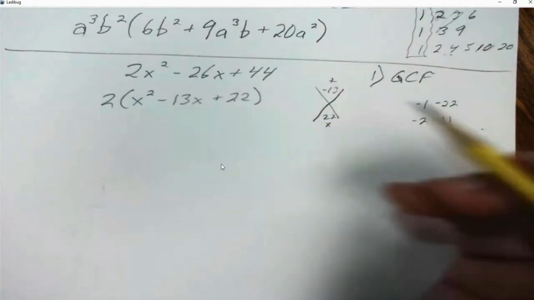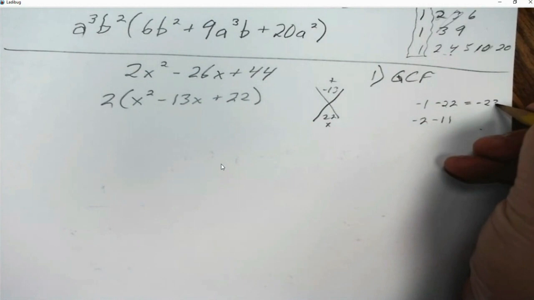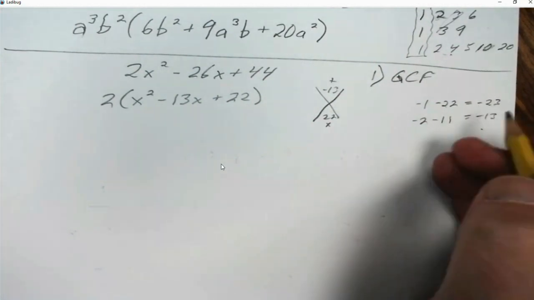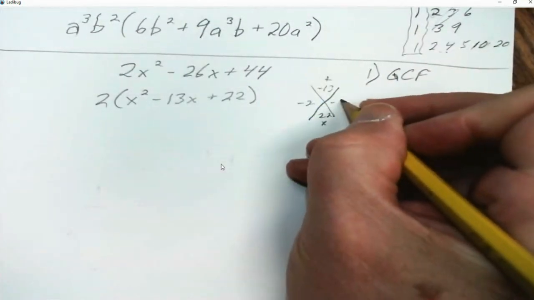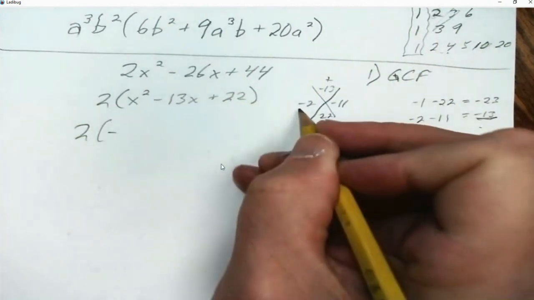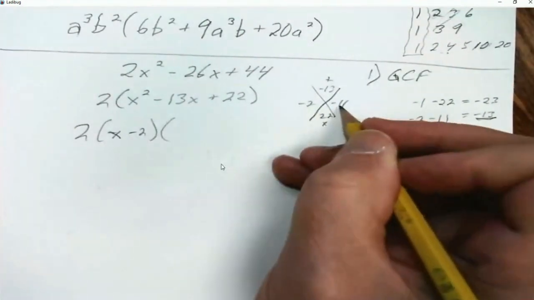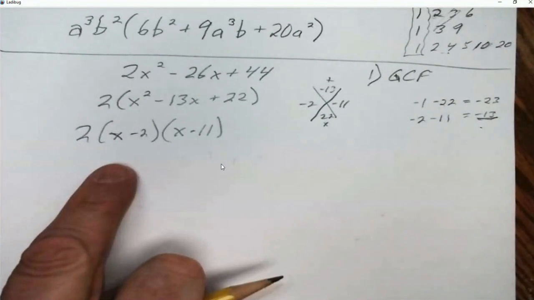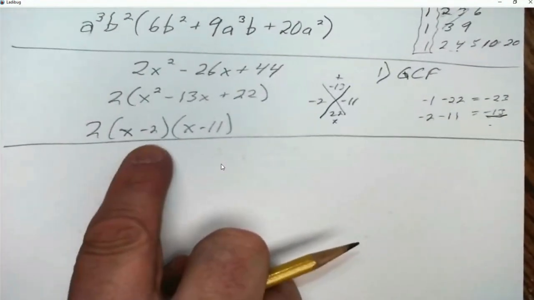If we add those together, that's negative 23. If we add these together, negative 13. Hey, that's what we want. So the factors are negative 2 and negative 11. So this factors to x minus 2 and x minus 11. There it is, fully factored. So they want us to write it fully factored: 2 times x minus 2 times x minus 11.